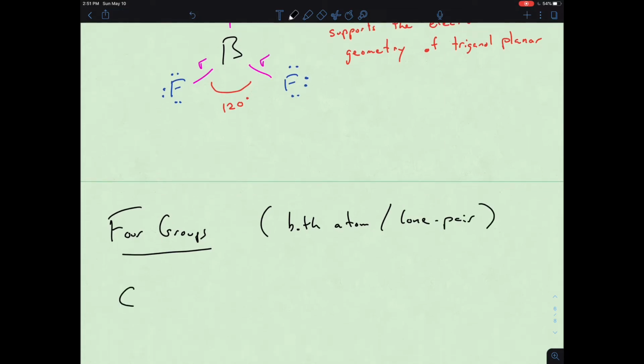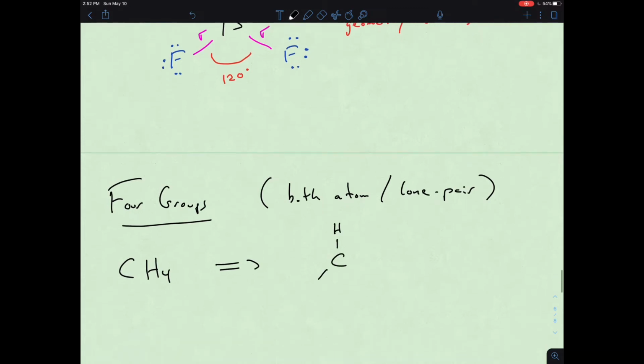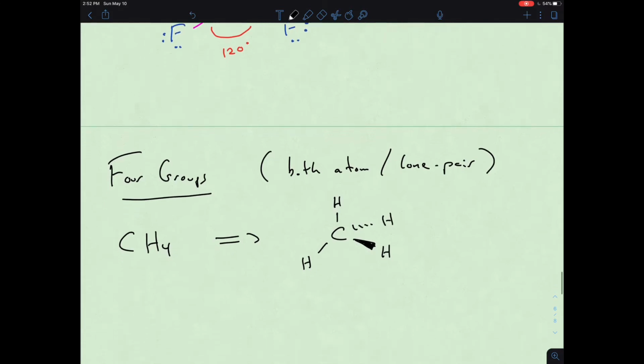So we can look at methane as an example. We can put methane together with its tetrahedral geometry to look like this.